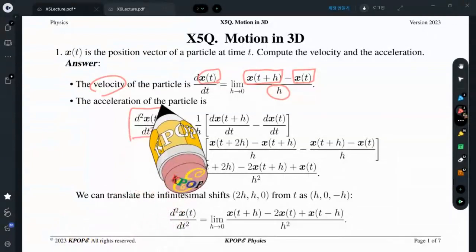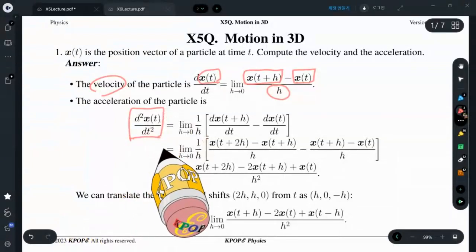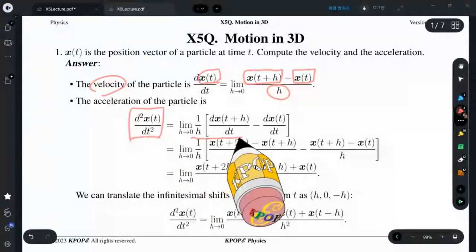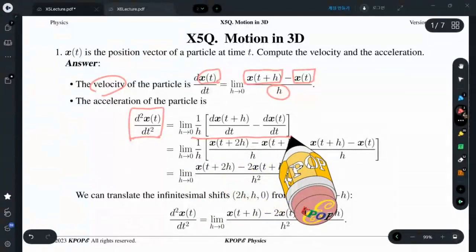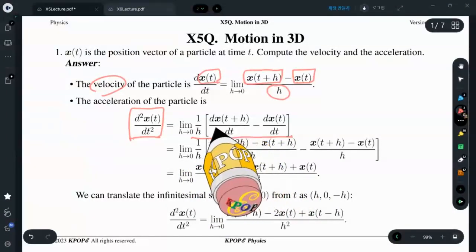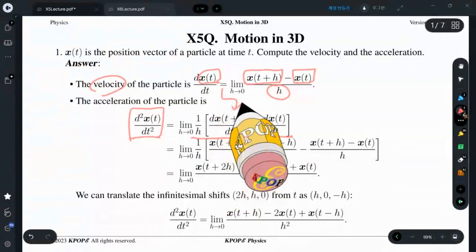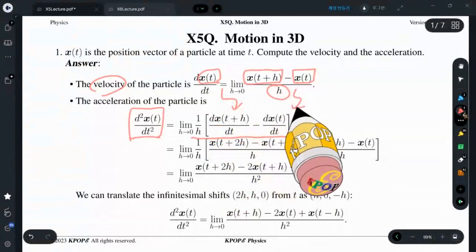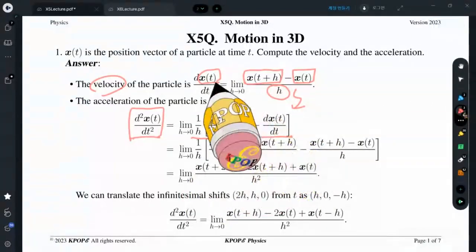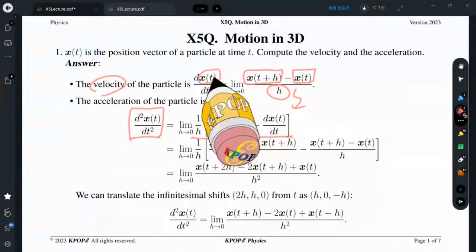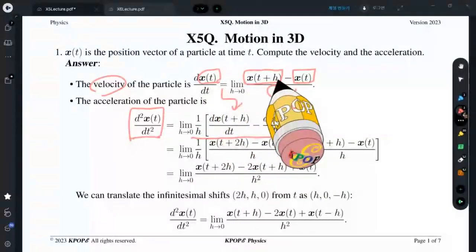And when we compute the acceleration, we can take the first order derivative, or this one can be expressed in terms of this and this. Why don't we substitute t plus h in here?